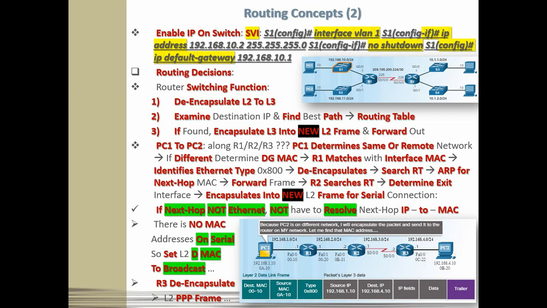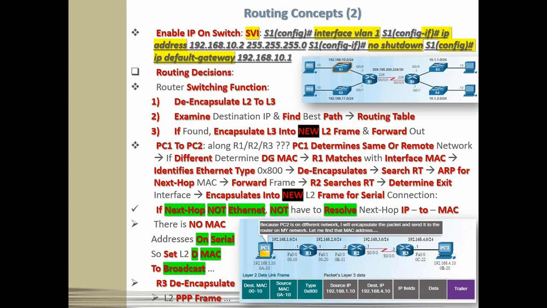However, in this scenario, the destination is on a different network. So it's a remote network, and PC1 therefore needs to forward the packet to the default gateway first. Remember, default gateway acts like a taxi to get to the remote networks and remote sites.